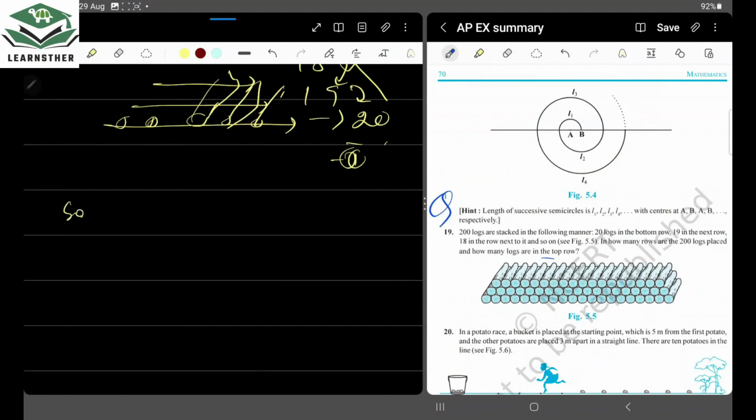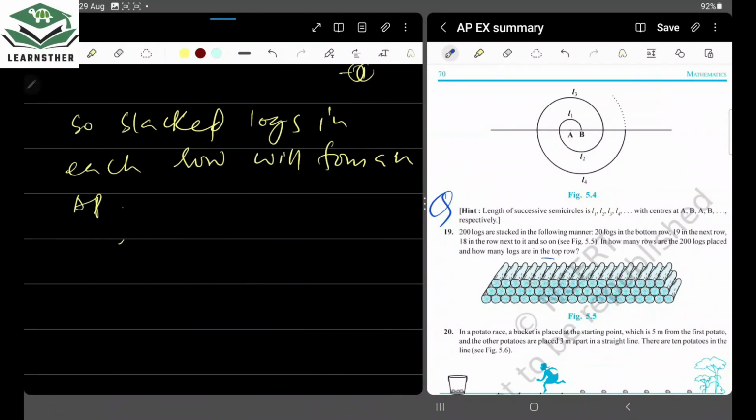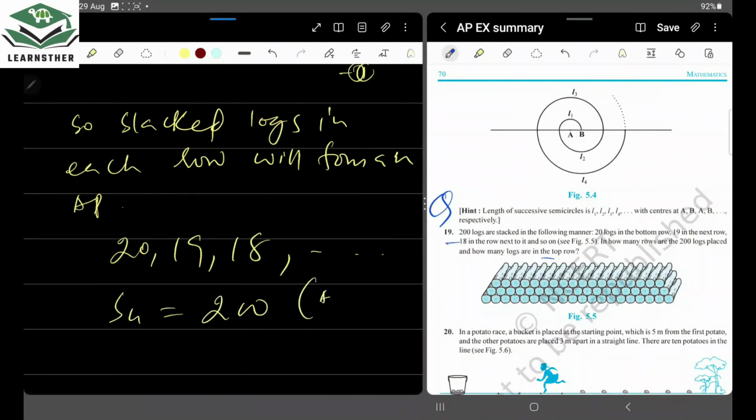So the stacked logs in each row will form an AP: 20, 19, 18. Here the sum of this is 200, as given in the question.